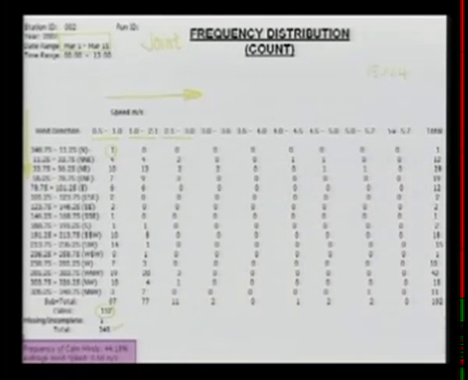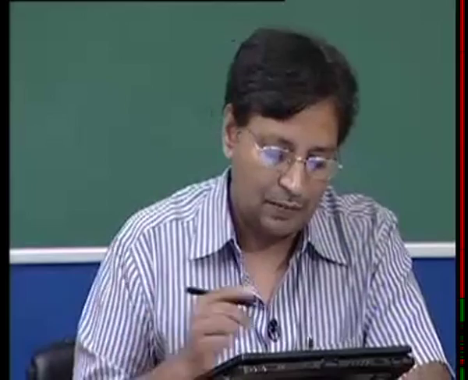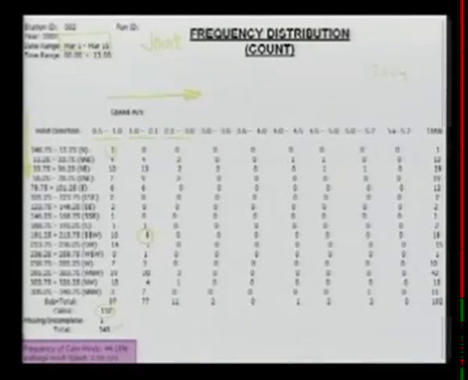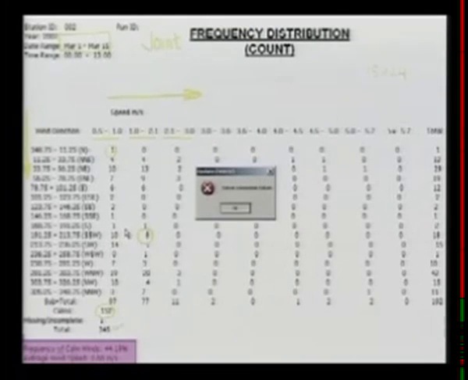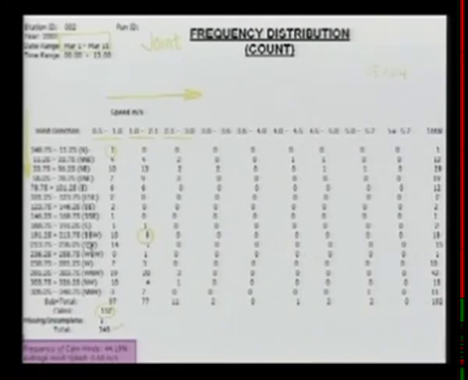So let's take an arbitrary example. Let's pick up this number 8. What does it mean? Let's see what this 8 really represents. 8 shows the wind direction when wind was from south southwest.